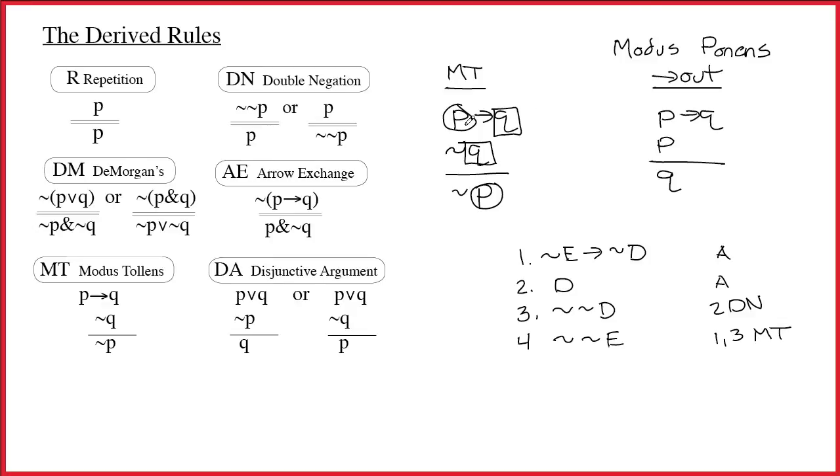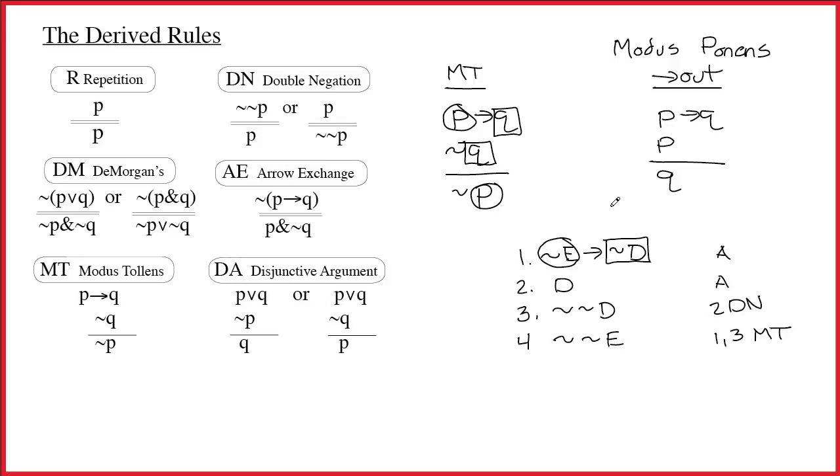But what I want to emphasize is that P and Q are just placeholders for whatever comes outside the connectives. When you look at line 1 and you see that the arrow's the main connective, well then you immediately know that everything in front of it is P and everything after it is Q.